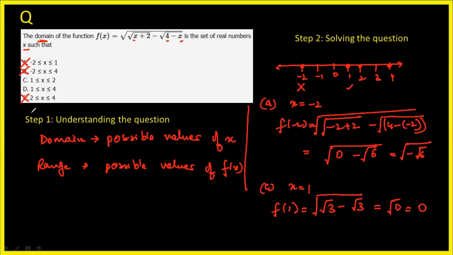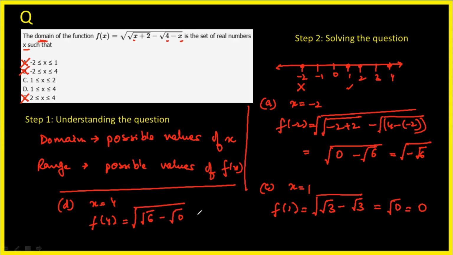Now out of C and D, let's substitute x as 4, that is option D. So 4 plus 2, that is 6, under the root, minus the square root of 4 minus 4, that is 0. Square root 6 minus 0 is square root 6, under the root.